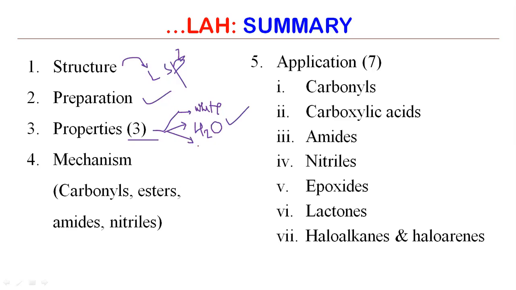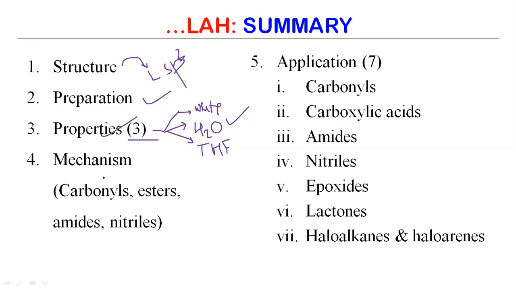And the third was that generally we use non-polar solvent. We can use THF and ether, but preferentially we use THF as compared to ether because in diethyl ether, due to the presence of some catalytic impurity, LAH undergoes some spontaneous decomposition, so it loses its activity. That's why THF is preferred over ether. So these are the 3 properties which we should know.